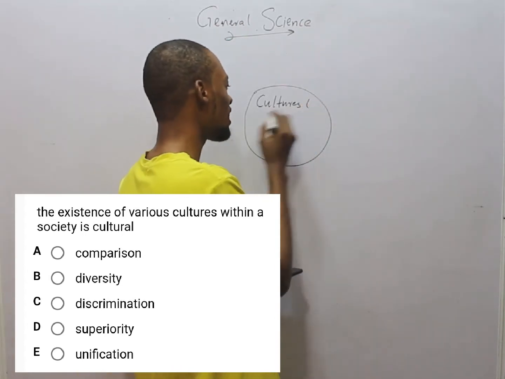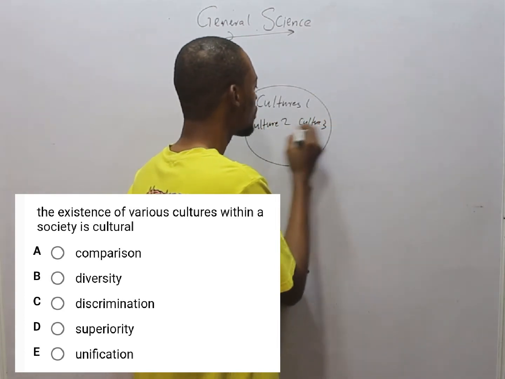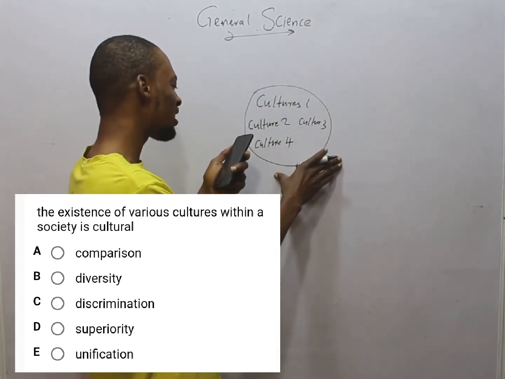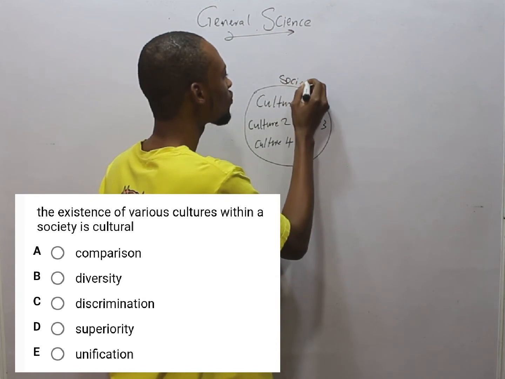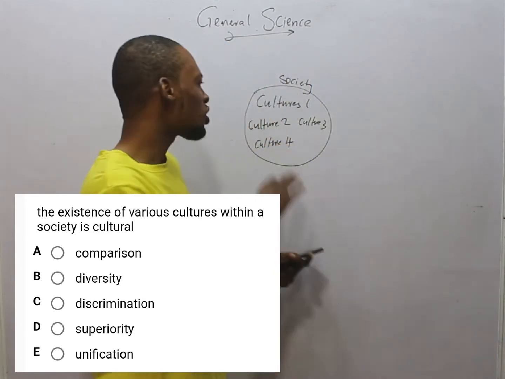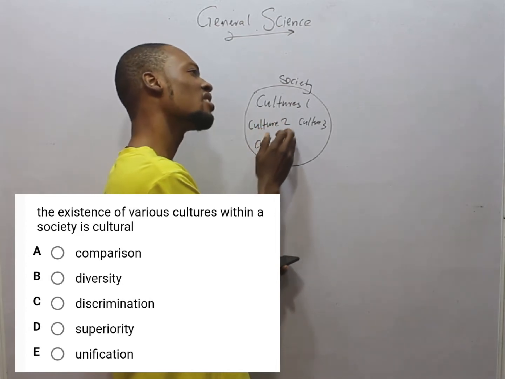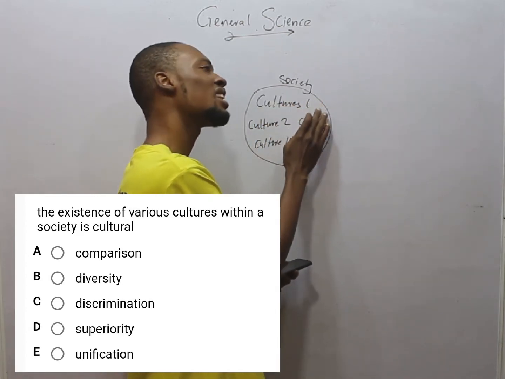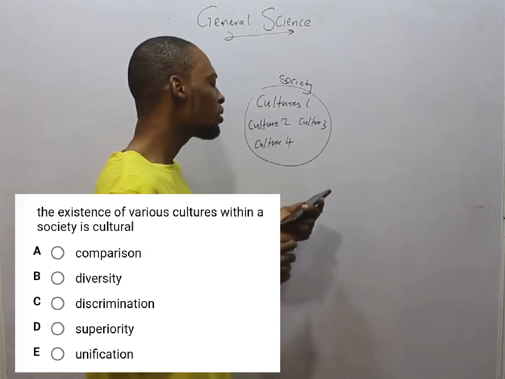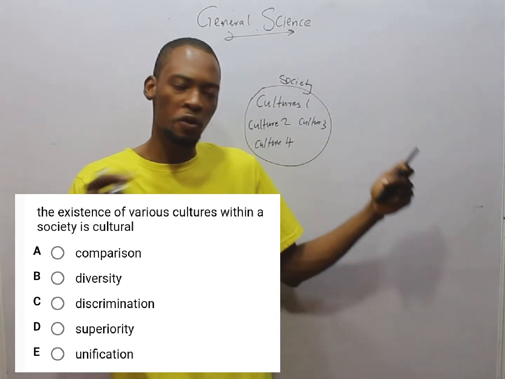So let's say we have culture 1, culture 2, culture 3, culture 4. Every culture here is within this society. One society, different cultures. The one in culture 1 knows that there is culture 2 in this society. The one in culture 3 knows that there is culture 4 in this society. And they know that they are all in the same society. In this case, we say that there is diversity of culture.